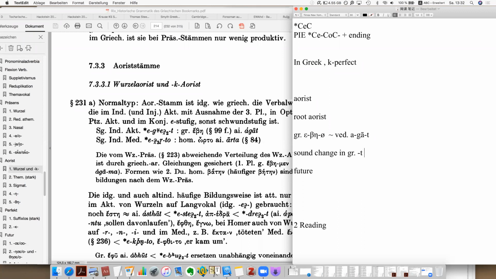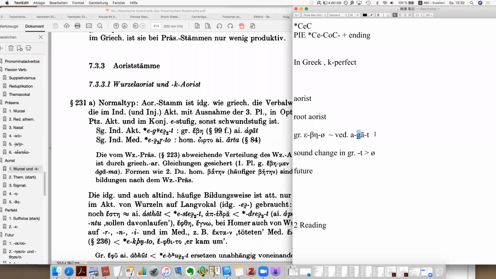So in Greek, T just disappears if it is at the end. And then this be corresponds to ga, but this is a labiovelar, this is a velar. It means that it goes back to a labiovelar. So this is pretty clear, right? I hope you all know this.